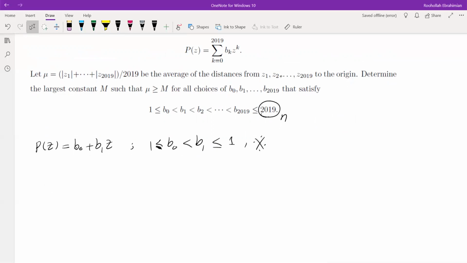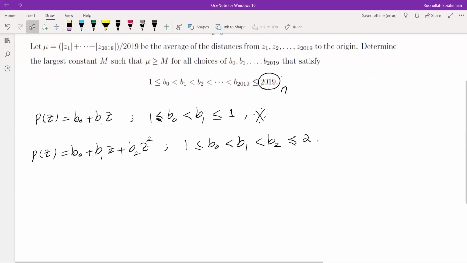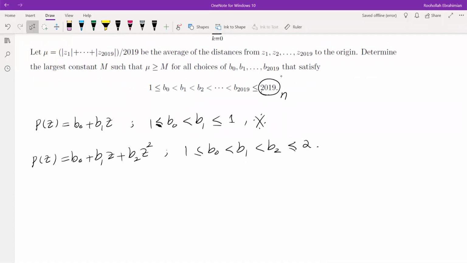But starting from the next case, those are quite real. If you take the polynomial that is quadratic, b0 plus b1 z plus b2 z squared, then you're going to get 1 less than or equal to b0 less than b1 less than b2 less than or equal to 2. So certainly we have b0, b1, b2, and we are trying to find the average of the absolute values of the roots.